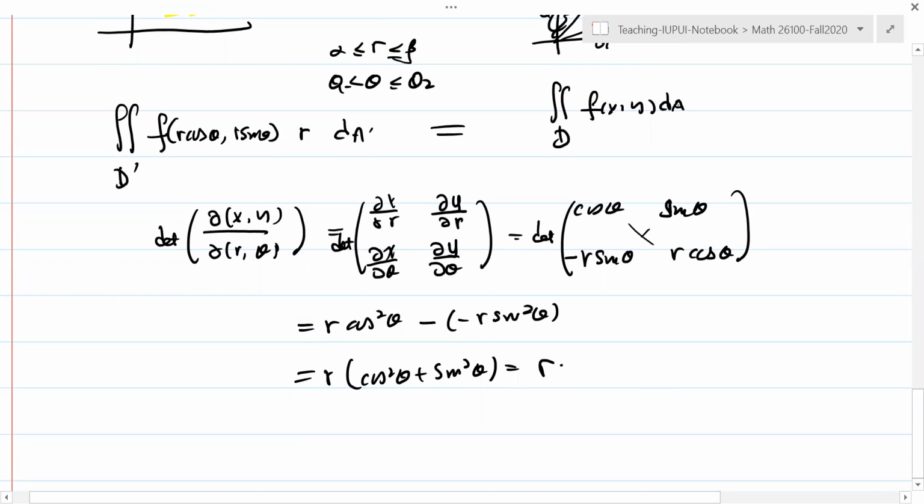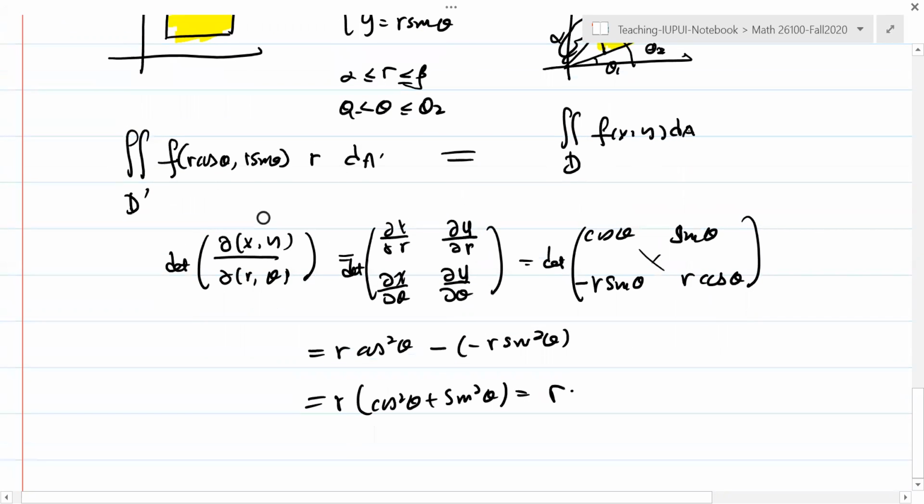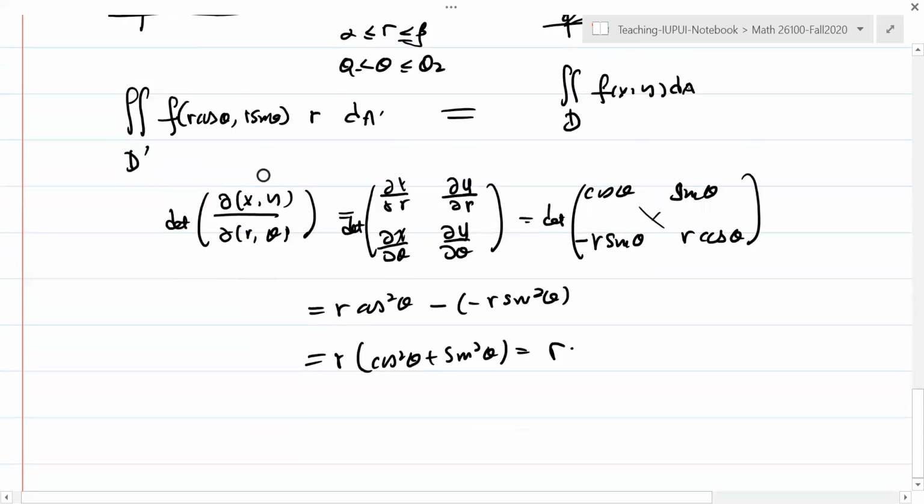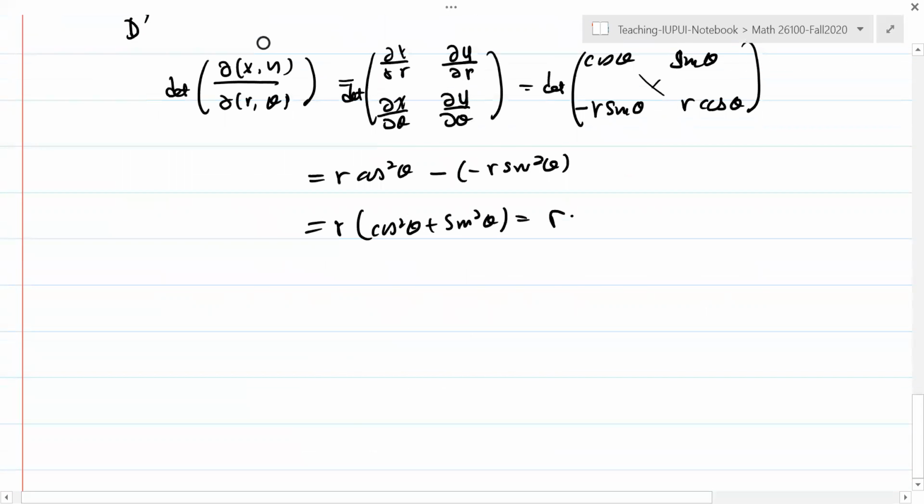That's how we get this integral in polar coordinates. Essentially, we have a transformation, so the domain D is the image of a rectangle. This is just an example, a very good example.